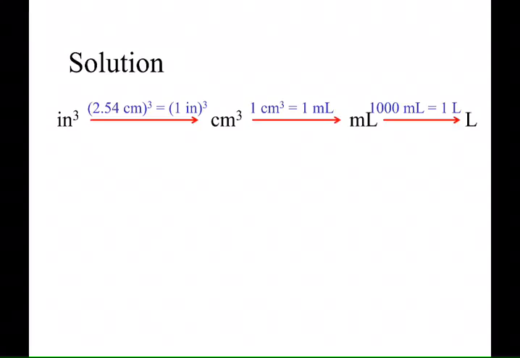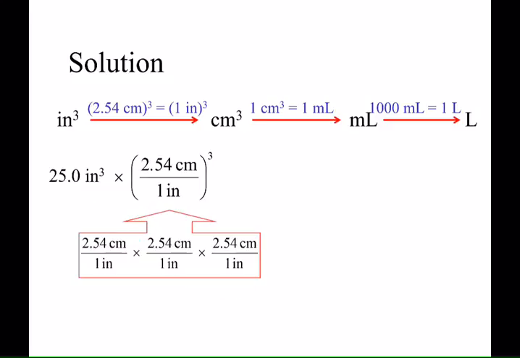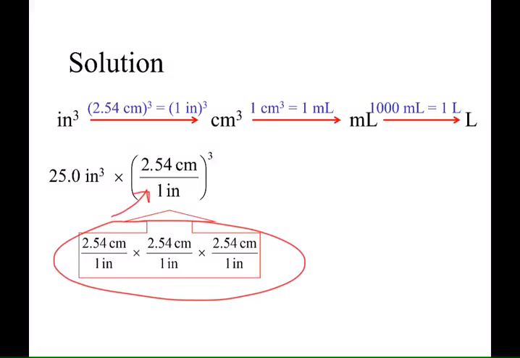The first term is the term we want to convert, that 25.0 inches cubed over 1. The next term, I know there's only one right there, but I would probably take these three and put them right there. I would put 2.54 centimeters over 1 inch times 2.54 centimeters over 1 inch times 2.54 centimeters over 1 inch.